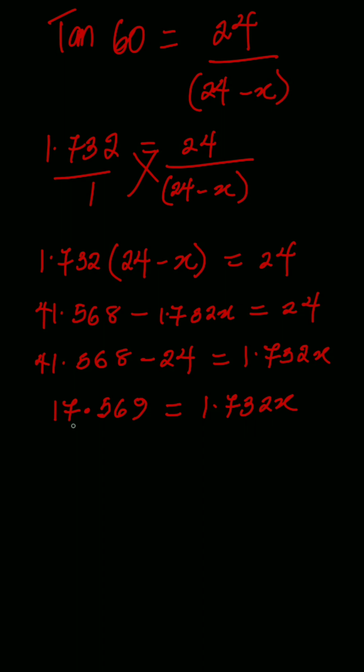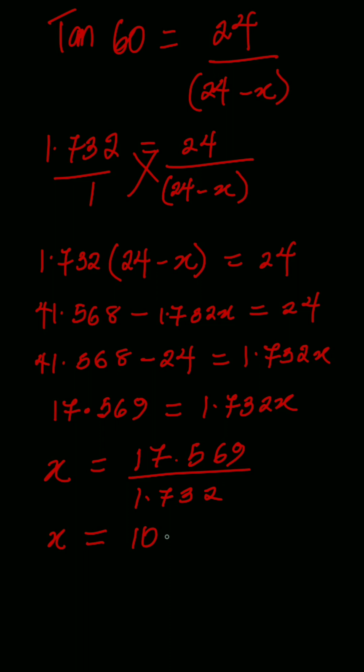And finally, getting the value of x, we are dividing by the coefficient: 17.569 divided by 1.732. And so finally, x is equal to 10.143 meters. And so that's the value of x.